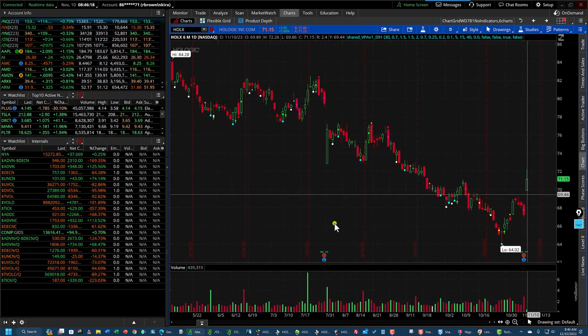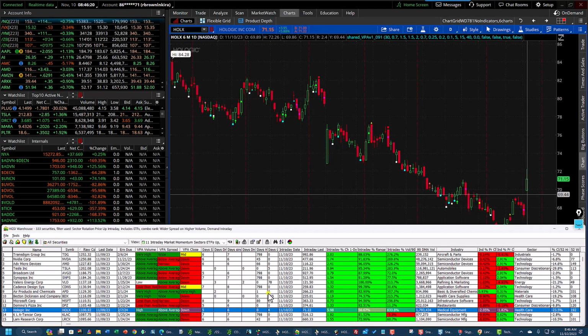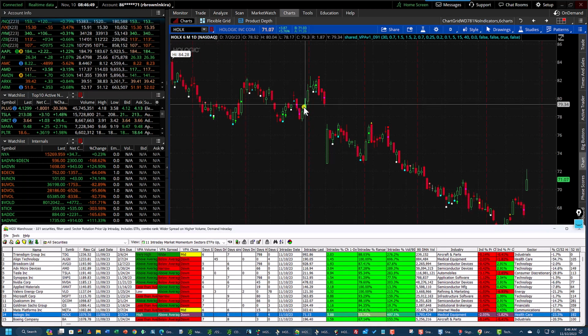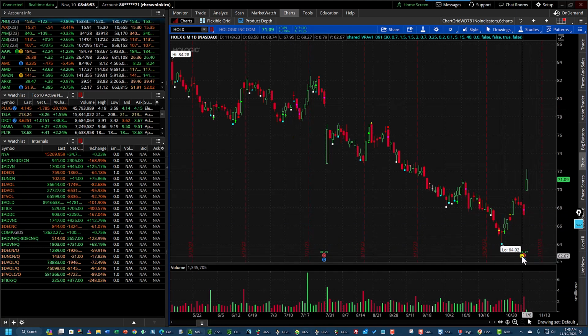And that's why the stock is showing up in my rotation in HGSI on the sectors up. Even though this crossed over several days ago, back in this area here, it was pulling back until earnings.